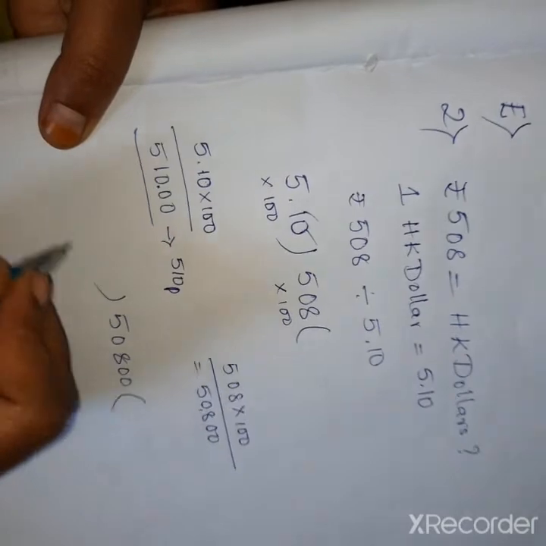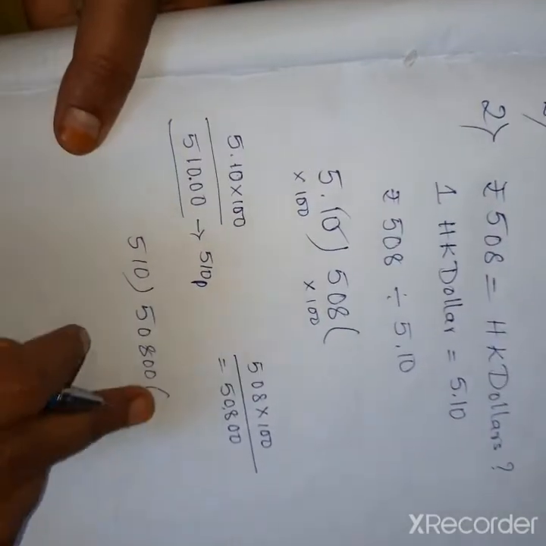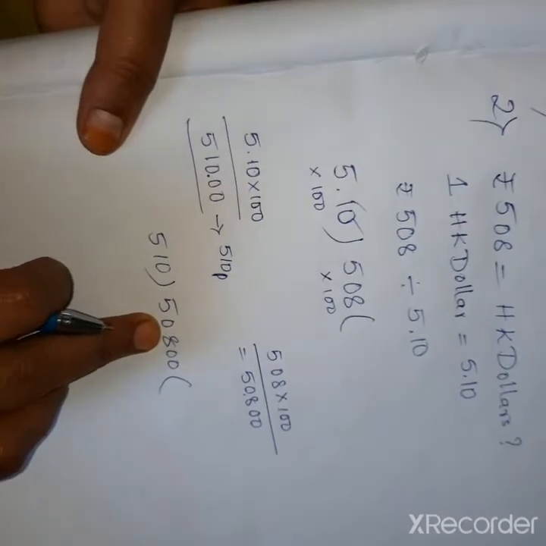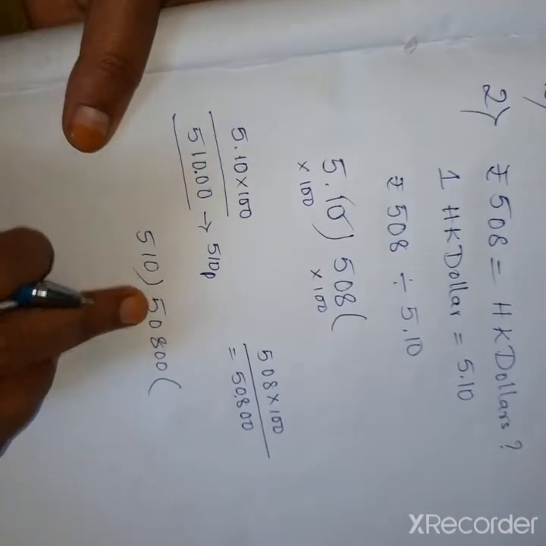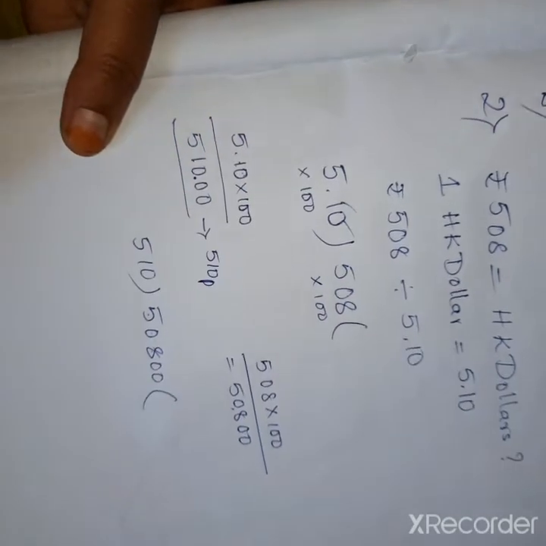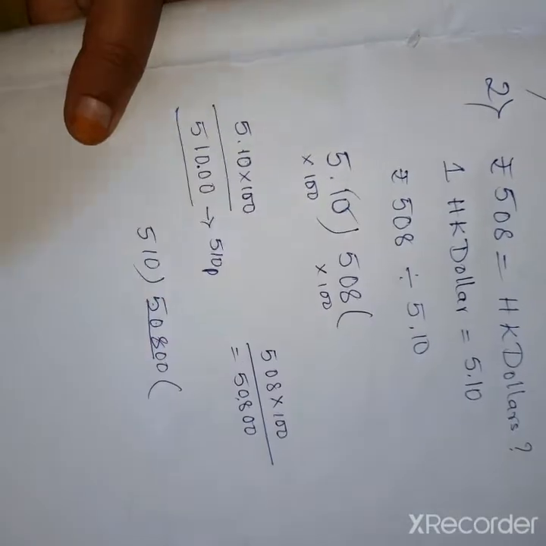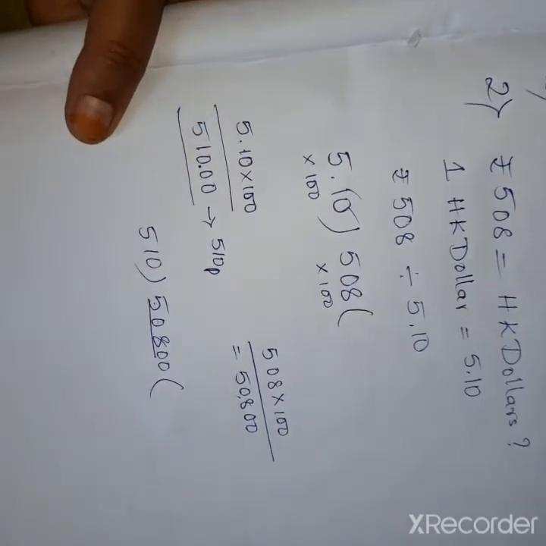50,800 divided by 510. So 510 ones are 510. This is very small. If we see these 3 digits, it is 508, so we cannot do it. So we'll take 4 digits now. Okay, 5080 we will take.